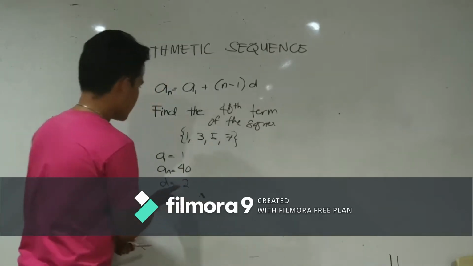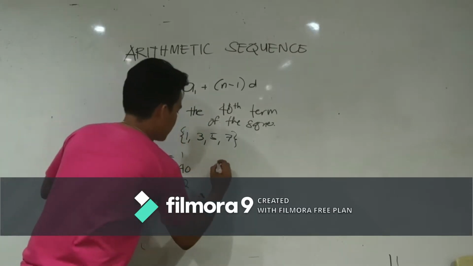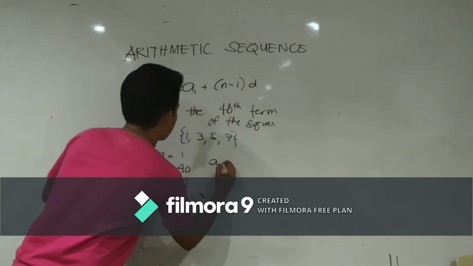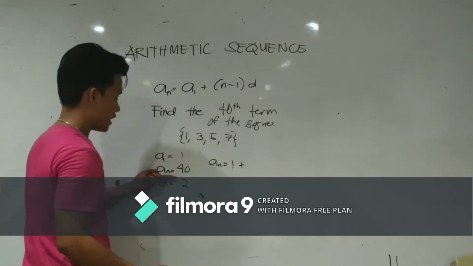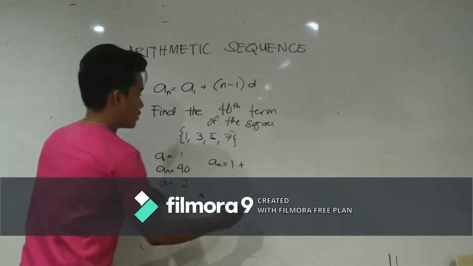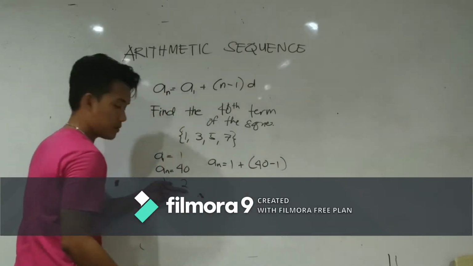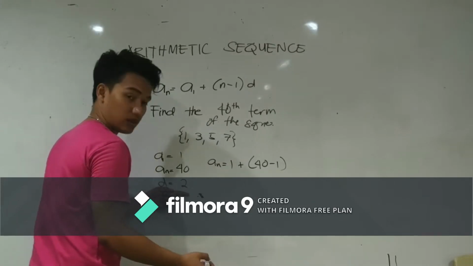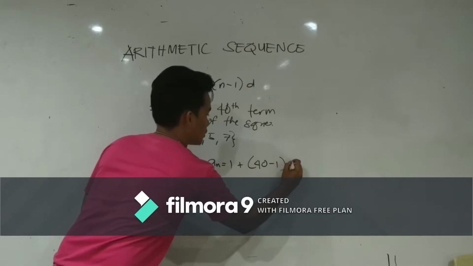Now we can solve this using the formula. a sub n is equal to a sub 1, which is 1, plus n, which is 40, minus 1, times the common difference, 2.